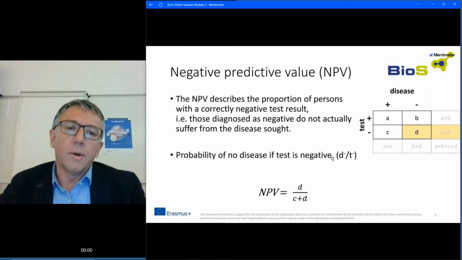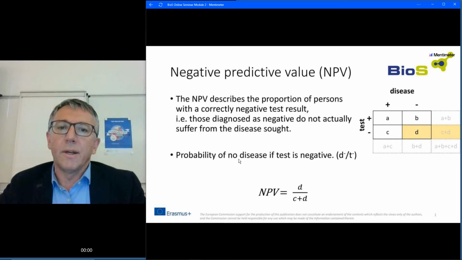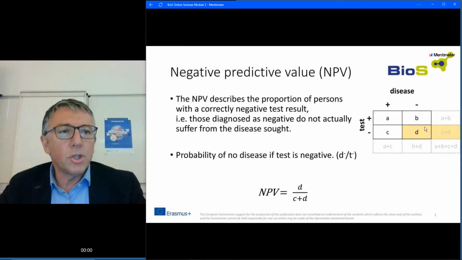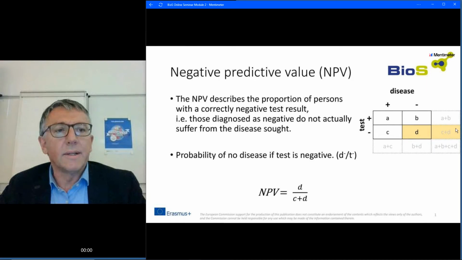So you want to know, can I be sure that I don't have the disease if the test says I don't have it? This is the ratio of those tested negative who don't have the disease, divided by the number of people who are tested negative. So this is the negative predictive value.